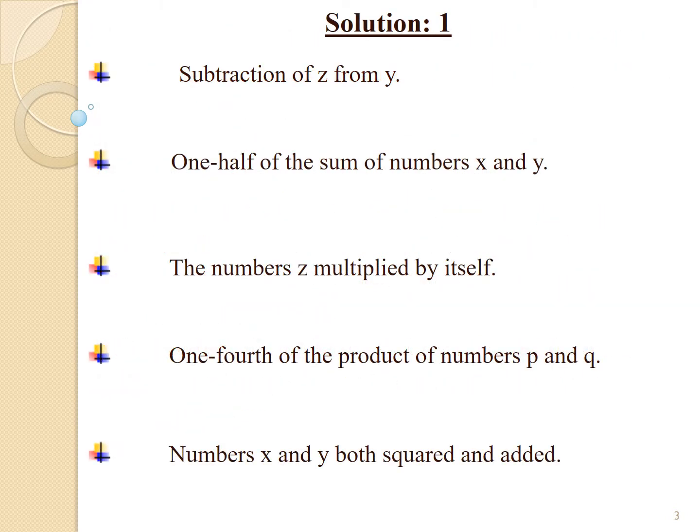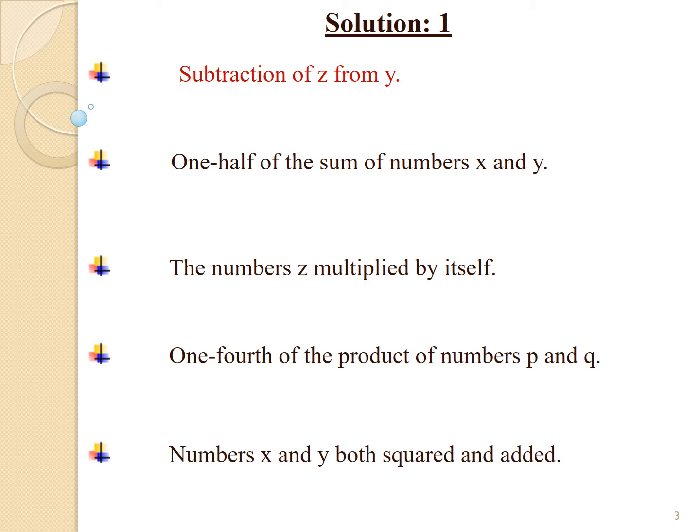Sum number 1. Subtraction of z from y. Students, in this statement, the word subtraction is given to us. So, we have to use minus sign. So, let us write the expression for this statement using minus sign.